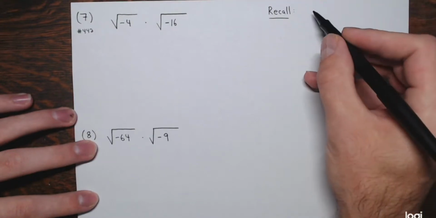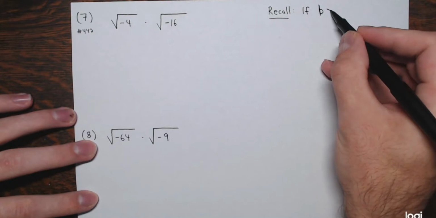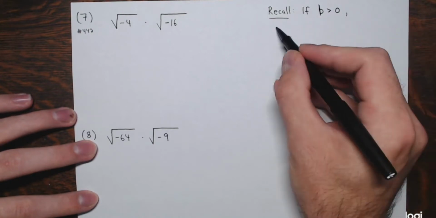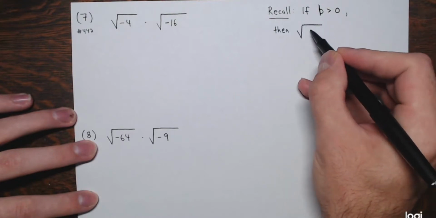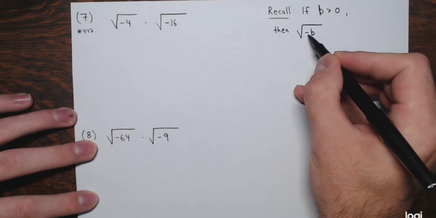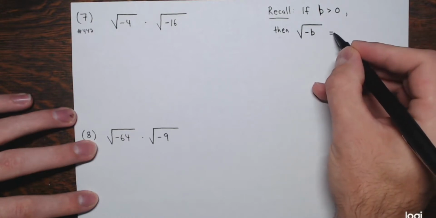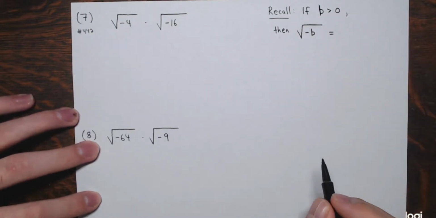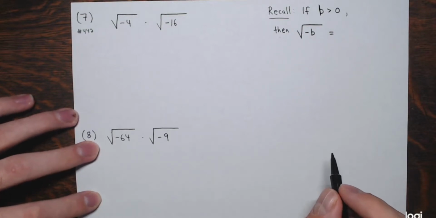if b is a positive number, I've written this up in a previous video, hopefully you've been watching. If b is positive, then the square root of negative b, right, the opposite of b, which would be a negative number, that's not real. Right? So we can write it as an imaginary number, and every imaginary number can be expressed as a real number times i.